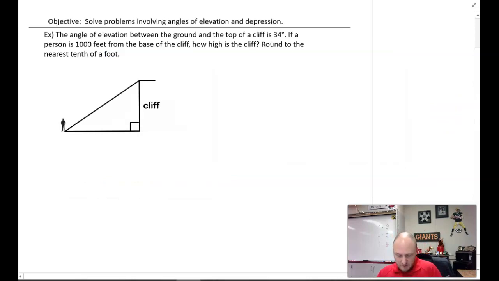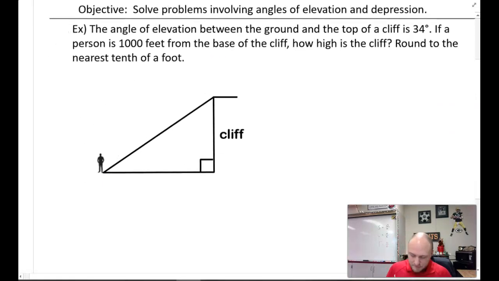Alright, so here is our first example. They say the angle of elevation between the ground and the top of a cliff is 34 degrees. So they just gave us an angle of elevation. Here is the ground, here's the top of a cliff, so angle of elevation, 34 degrees.